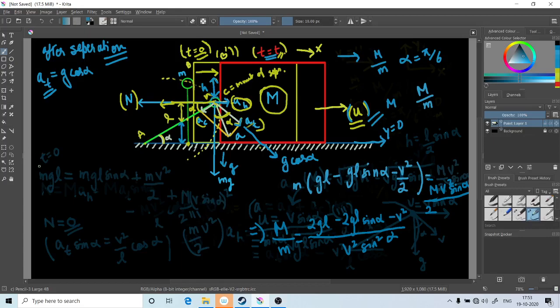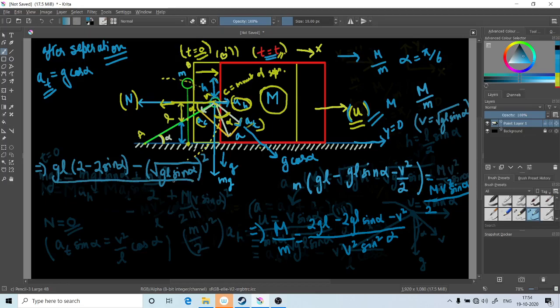Which gives us gl 2 minus 2 sine alpha minus root over gl sine alpha whole square, putting the value of v equal to root over gl sine alpha, the terminal velocity of load m, divided by root over gl sine alpha whole square sine square alpha.